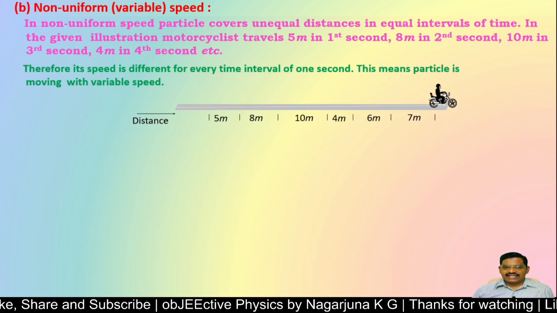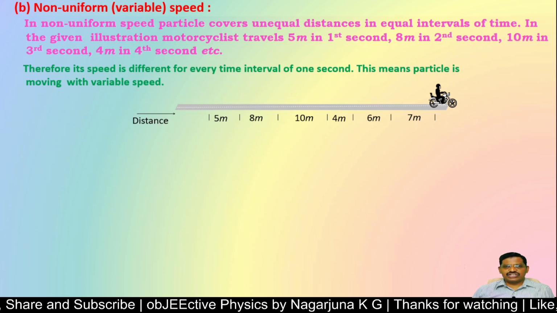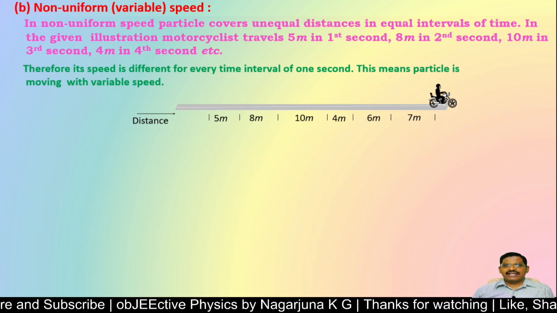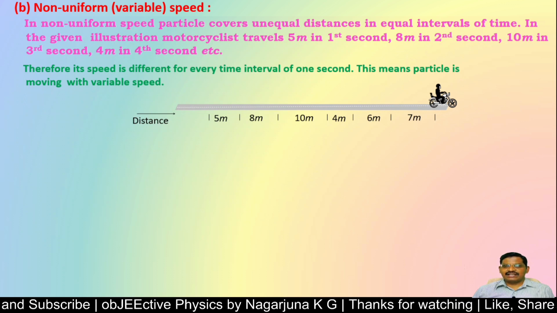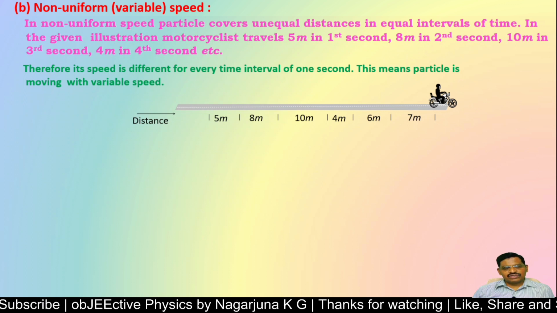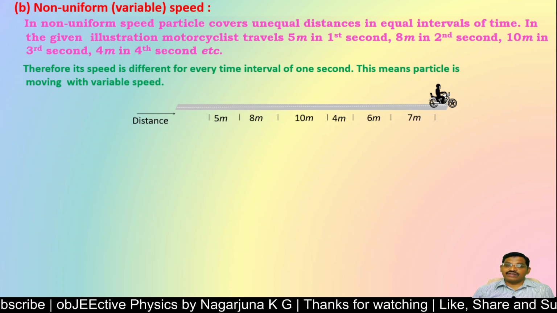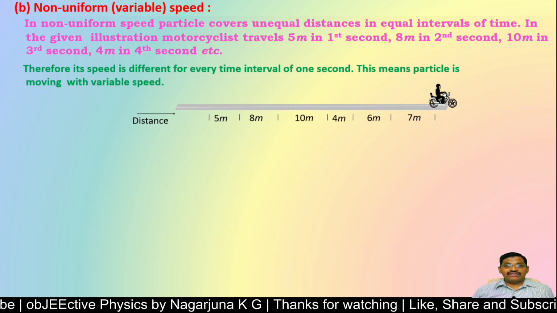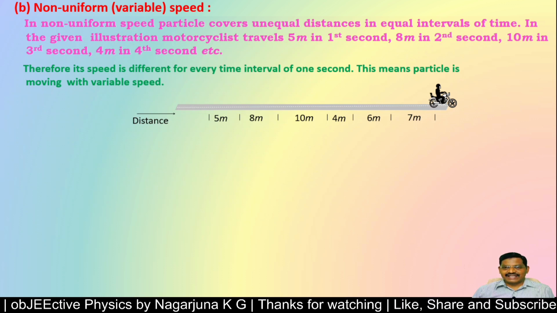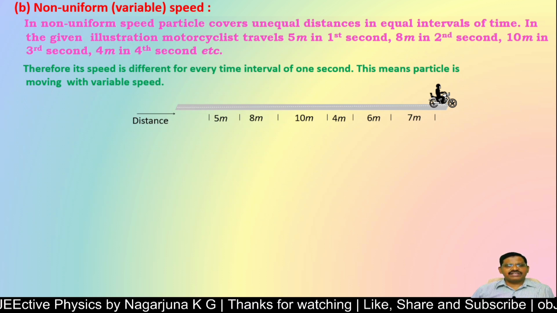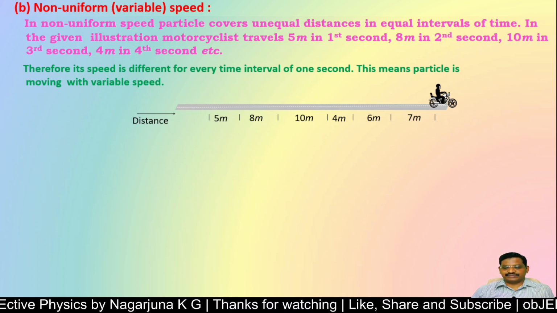In the given illustration, the motorcyclist travels 5 meters in the first second, 8 meters in the second second, 10 meters in the third second, 4 meters in the fourth second, etc. Therefore, its speed is different for every time interval of 1 second. This means the particle is moving with variable speed.